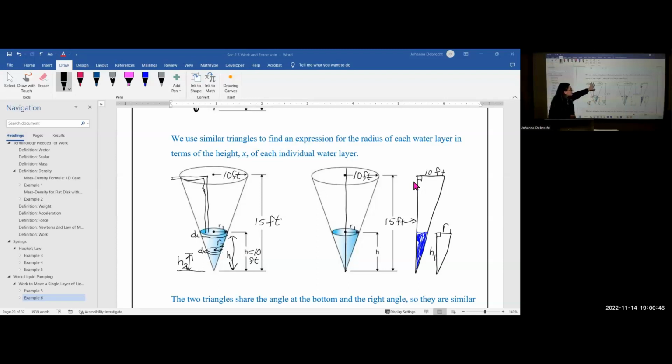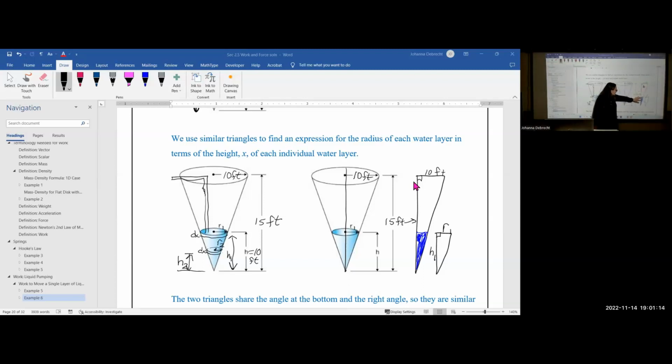Now, if we look at this and we cut half of the cone away, you can see over here that we actually have a right triangle. The top of the tank is flat and it's perpendicular to the axis of the cone. And so this gives us a right triangle right up here at the top, right there where you can see it. So this leg here is going to be 10 feet, the radius.